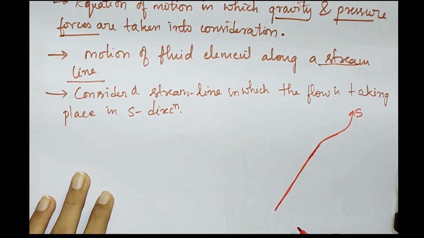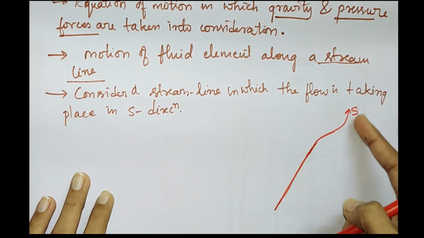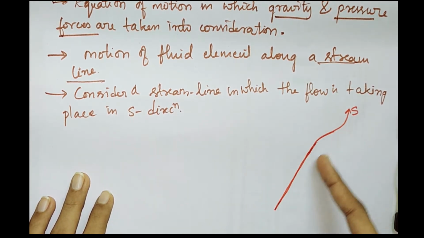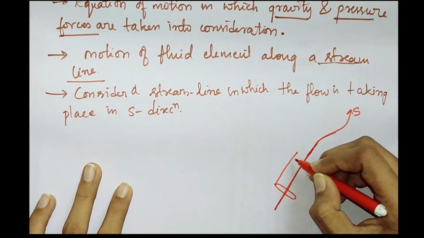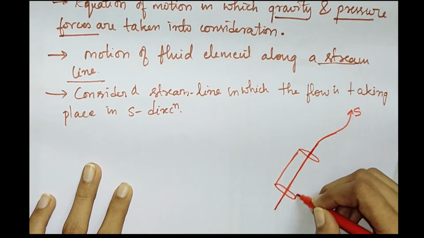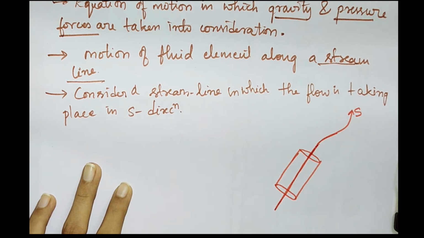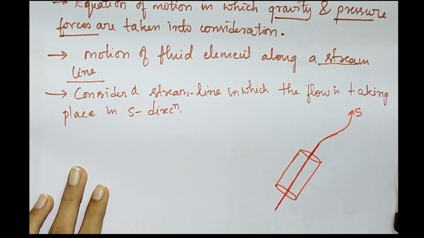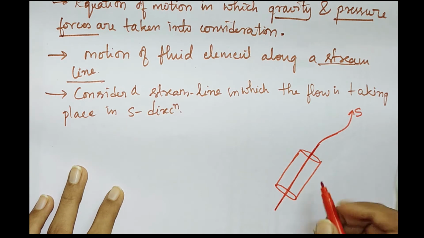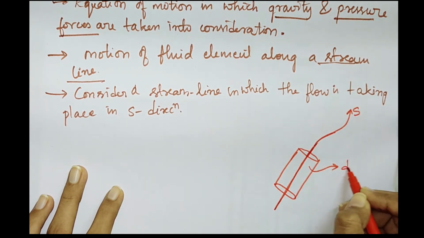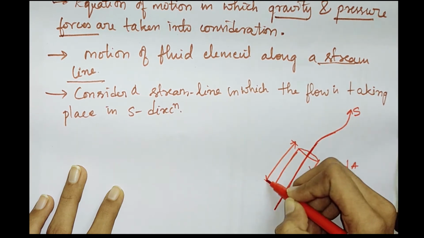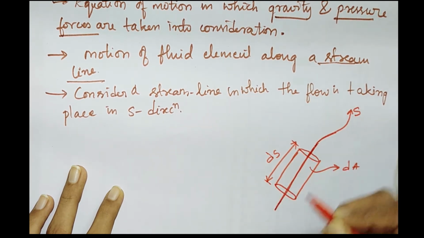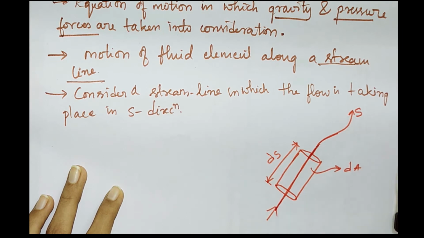Whatever streamline we have considered, we take a cylindrical element of this streamline. This is the cylindrical element, which has a cross-sectional area dA, and the length of this cylindrical element is ds. This is the direction of flow.